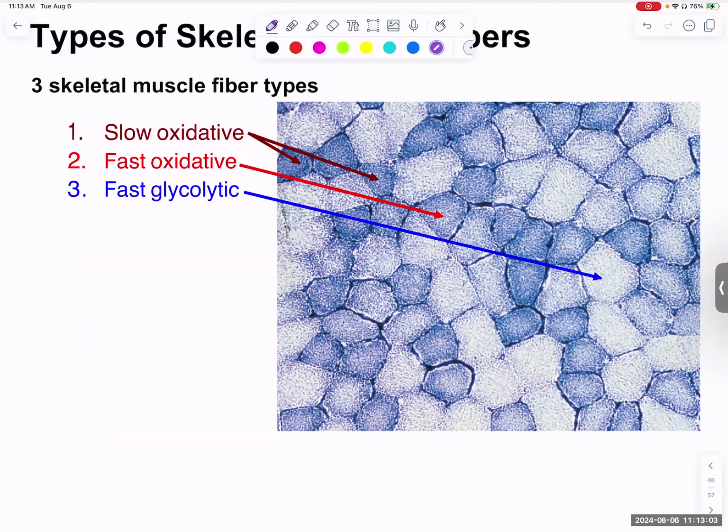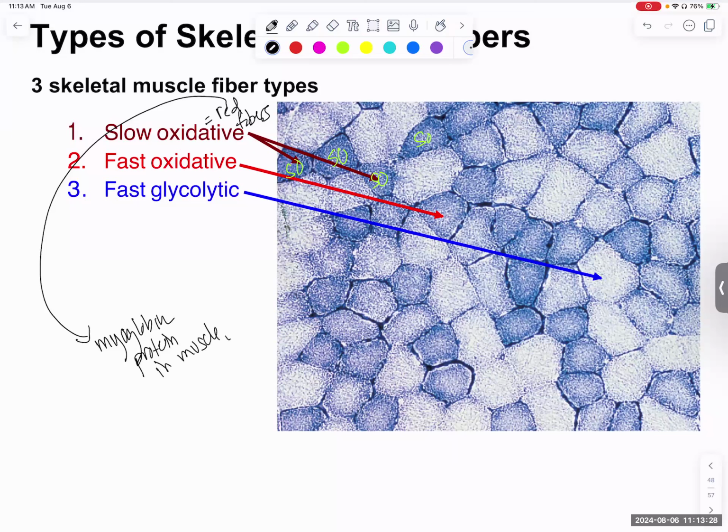Now, the types of muscle fibers, slow oxidative, they look red. So sometimes they're referred to as red fibers. That red is due to a pigment called myoglobin. It's a protein in the muscle fiber that binds oxygen.